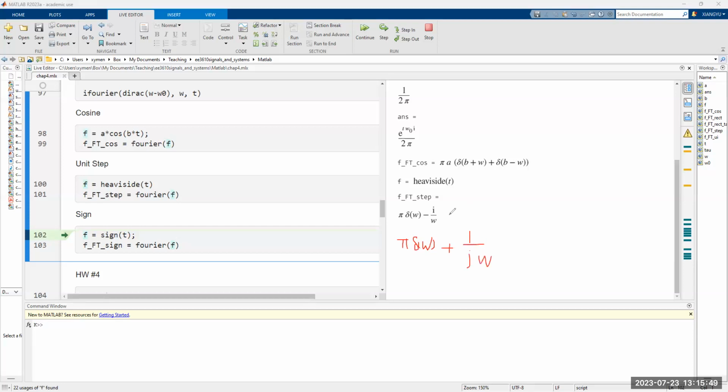It is the same. If we multiply by j on both numerator and denominator, then we get -1, so we have pi delta(omega) plus 1 over j omega. It is the same.